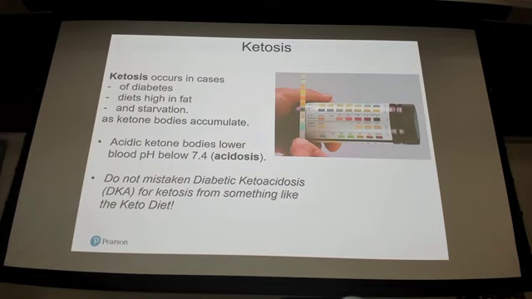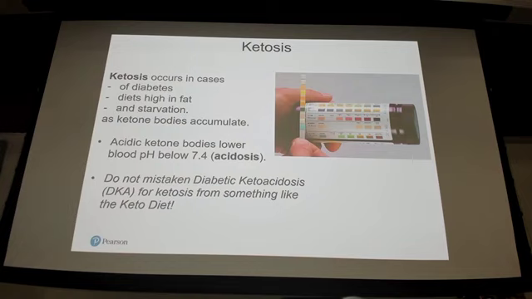We have excess lipid breakdown, but that excess glucose in the blood is going to spill over into the urine, taking electrolytes with it. So remember we talked about that polyphagia, polydipsia, polyuria, that's going to occur. But then you're going to have a significant ketone body production because fats are going to just be broken down to try to be used as energy. But what's going to happen is your blood pH is going to drop significantly.